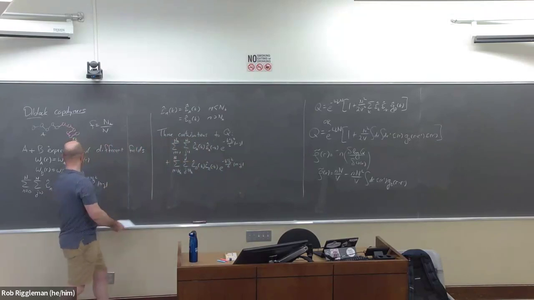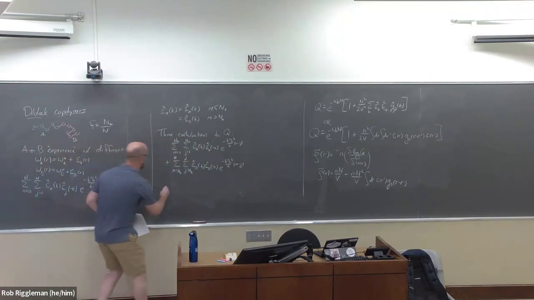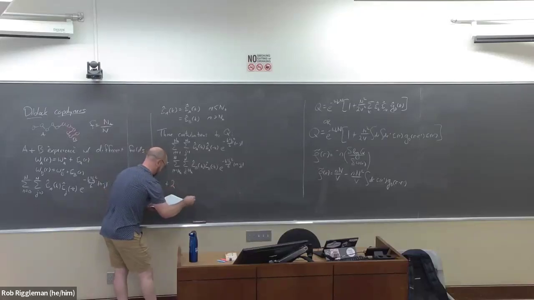And then for the cross term, because both sums go from 0 to n, there's two cross terms, one where M is hitting the A monomers and J is hitting the B, and one where M is hitting B and J is hitting A. So we just write that as plus 2 times one of them.